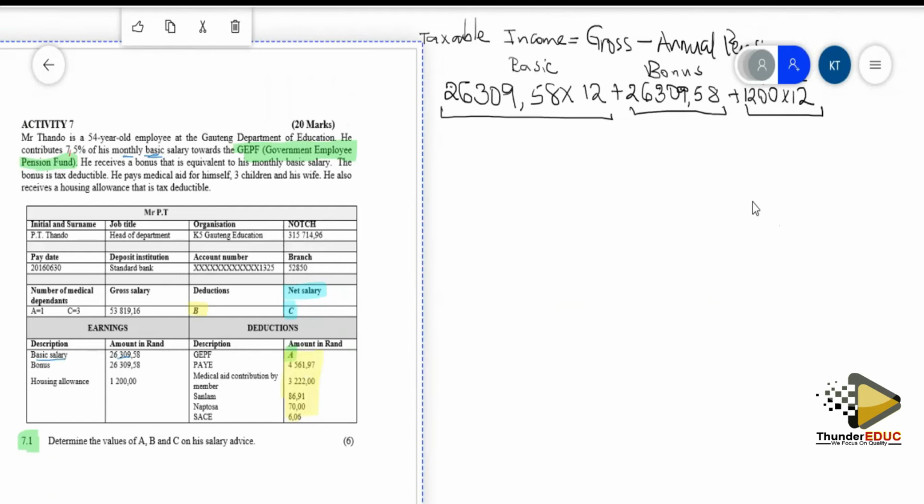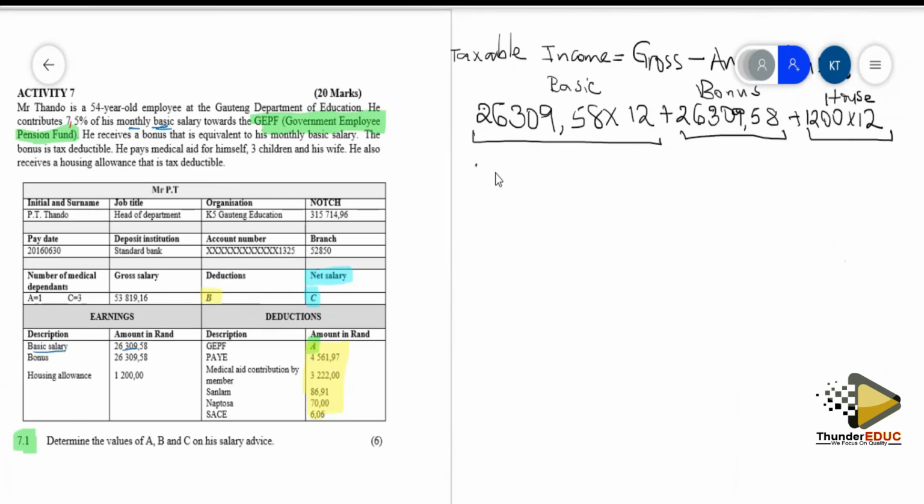In my calculations, the value that we have here is 356,424 rands 54 cents. This is the gross. Now we're going to subtract the pension.